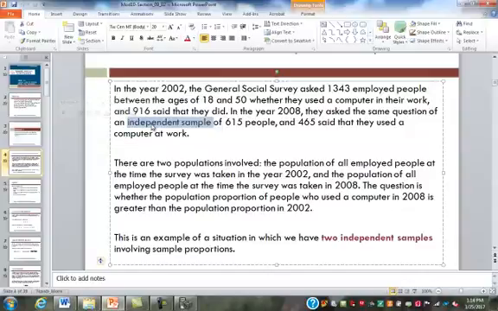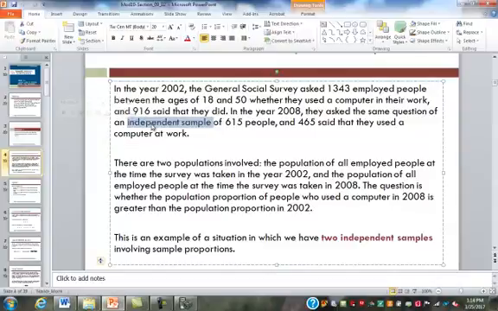So what they're trying to test here is to see if the proportion of employees that use a computer at work has changed between 2002 and 2008. Now, if we had used the same people, that might put us in that matched sample or paired sample situation that we discussed earlier. Since it was a completely independent sample, then we're okay.